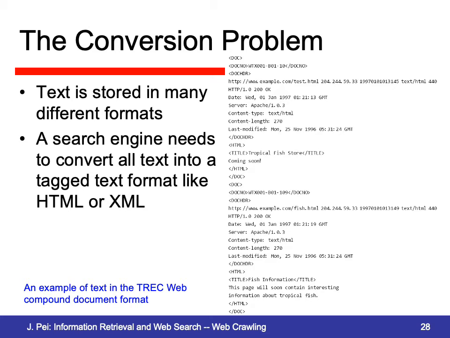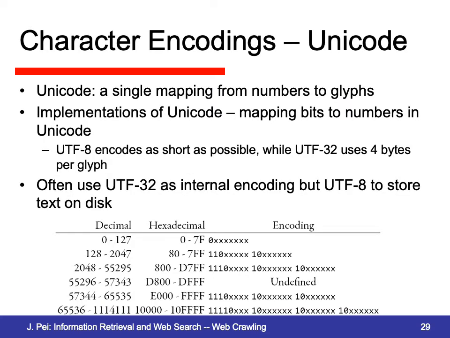For example, you can see here, this is an example of the text in the TREC Web Compound document format. In order to convert, we can use some character encoding. For example, we can use Unicode. Unicode is a single mapping from numbers to glyphs.